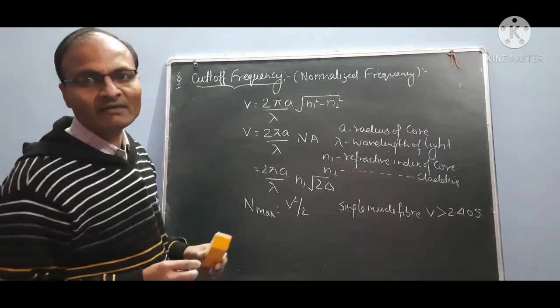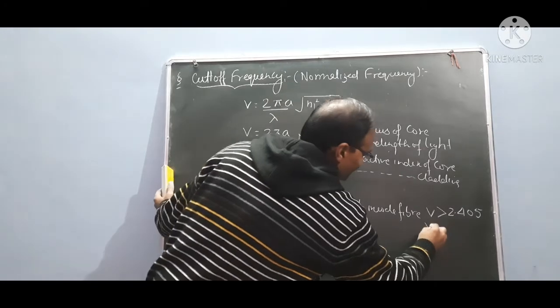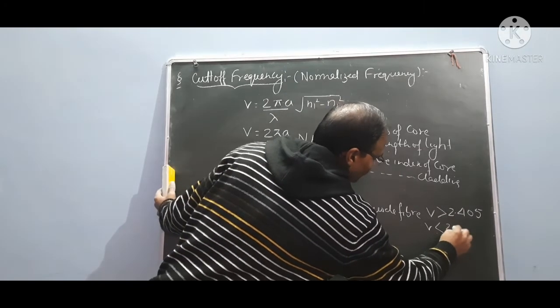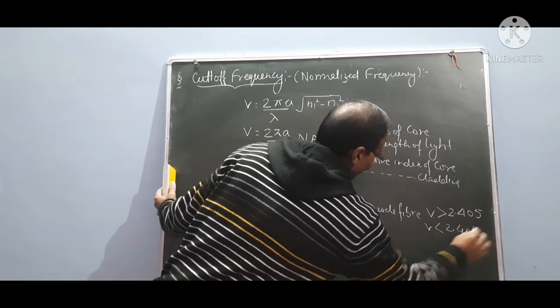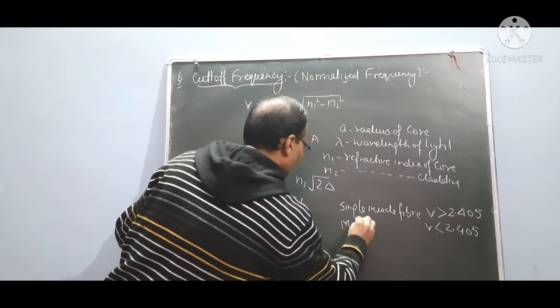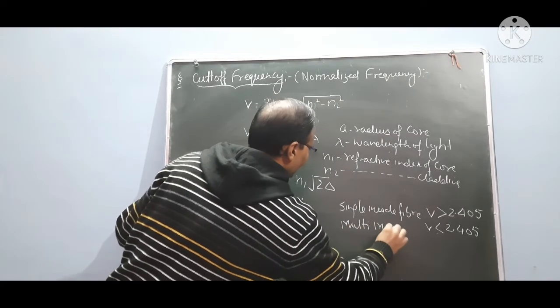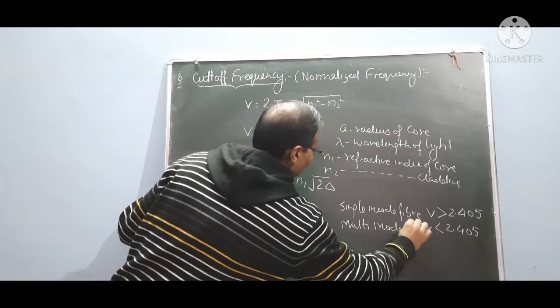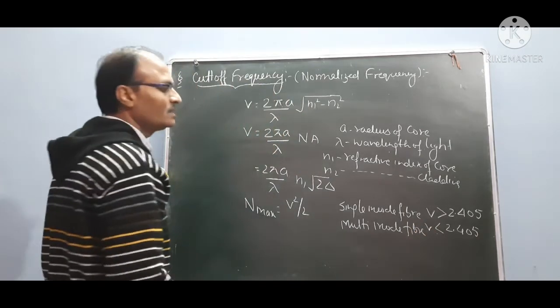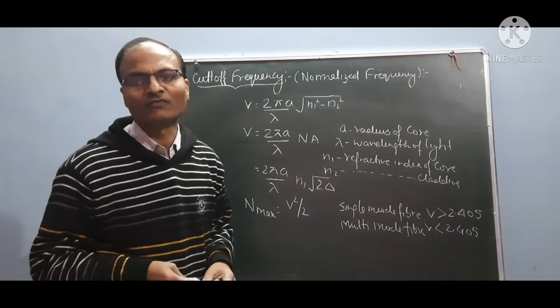For multimode fiber, V is greater than 2.405.